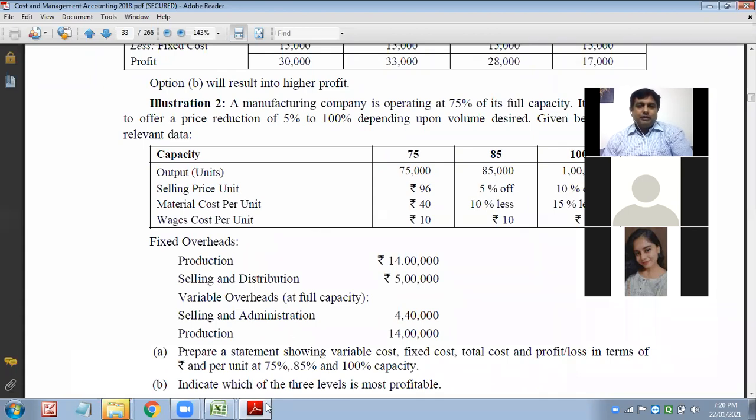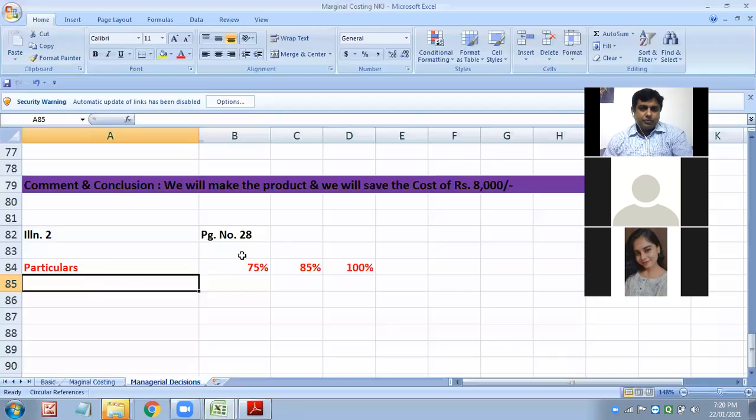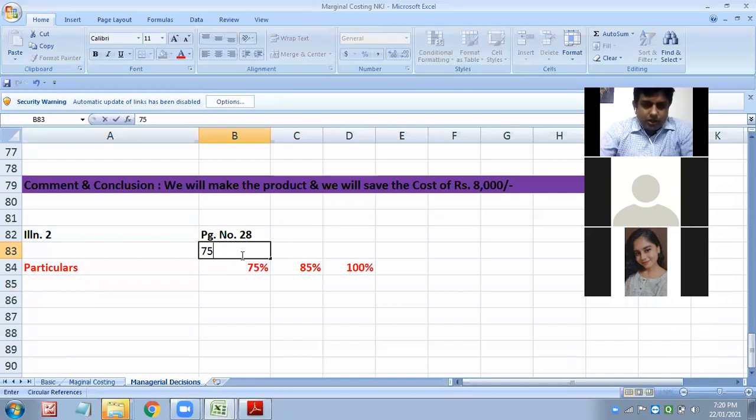Material cost, yes, I will take. At 75%, it is 75,000 units of production. This is 85,000 units.